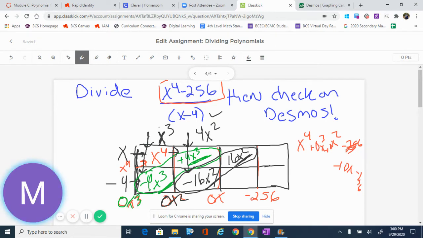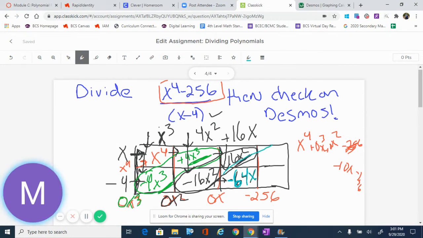And then I say, what do I multiply x by over here to get 16x squared? Well, 16x. 16x times x is 16x squared. And then I just bring that value down and I multiply it by that negative 4. So negative 4 times 16 is going to be negative 64x. Then I say, I've got a negative 64x.